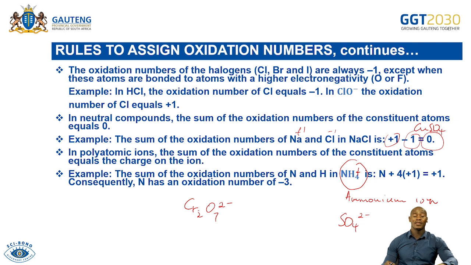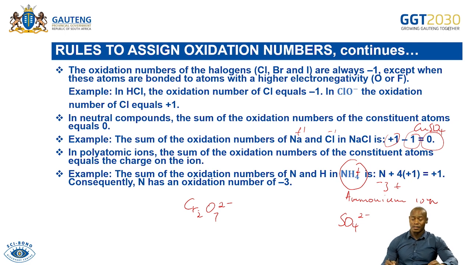So let's check with the ammonium one. Remember, the sum of the two should give us what? Positive 1, right? So we are having nitrogen, and remember, for nitrogen it's negative 3, and hydrogen is positive 1.